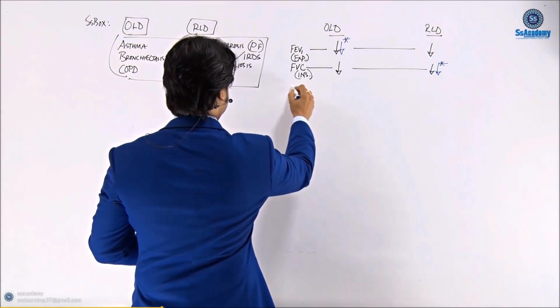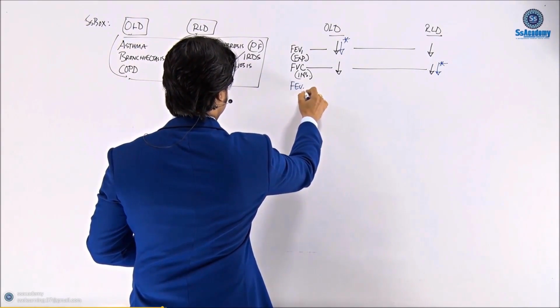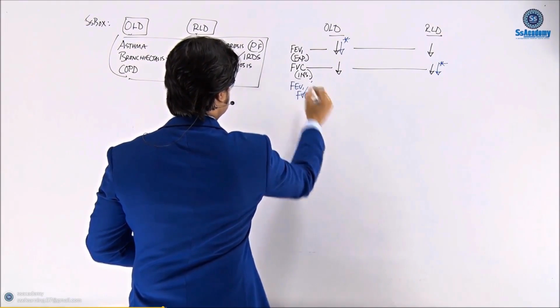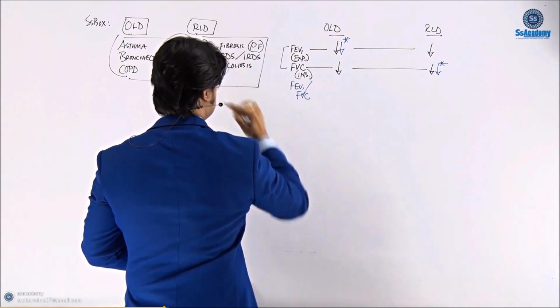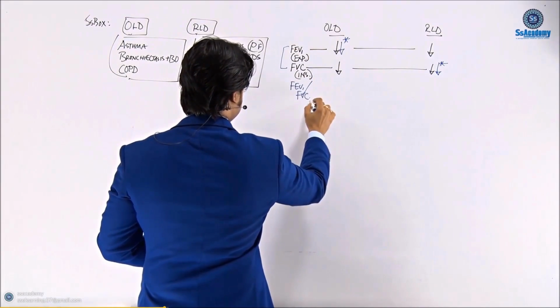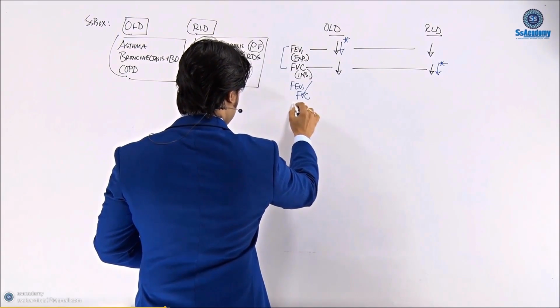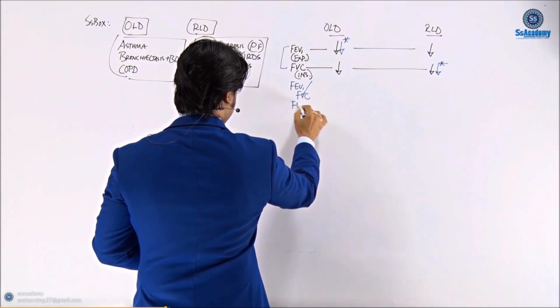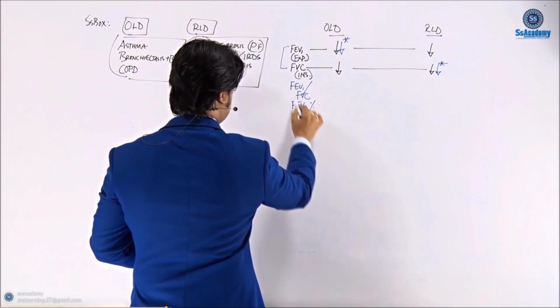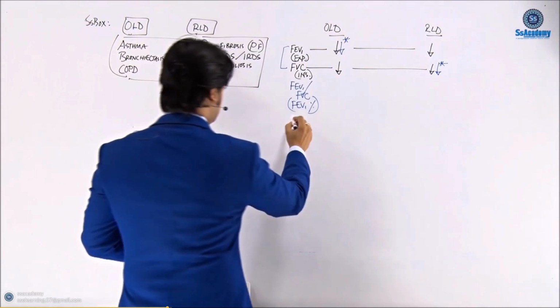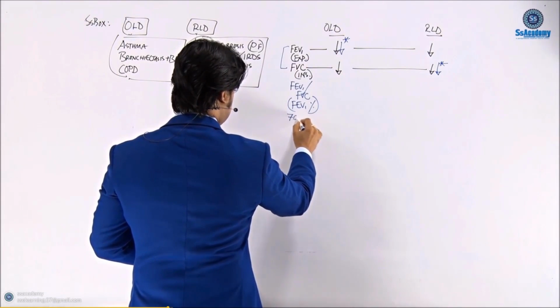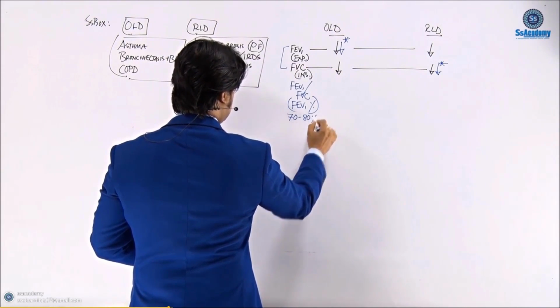Now what we basically do is the FEV1 and FVC ratio. Sometimes we call this the FEV1 percentage, the same thing. Normally, this is 70 to 80% in a normal person.